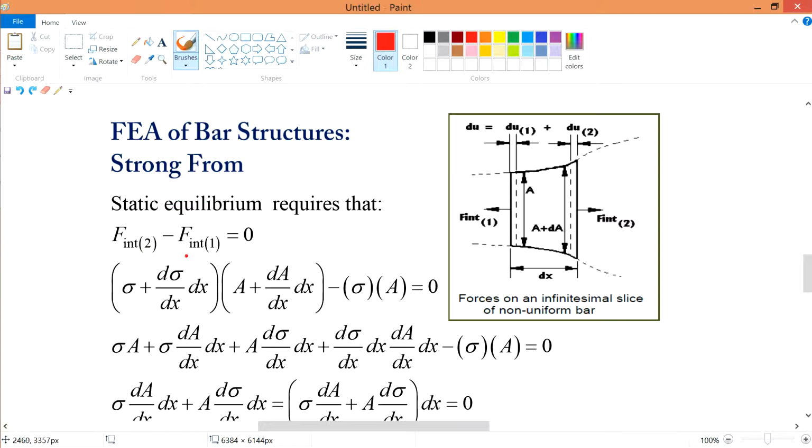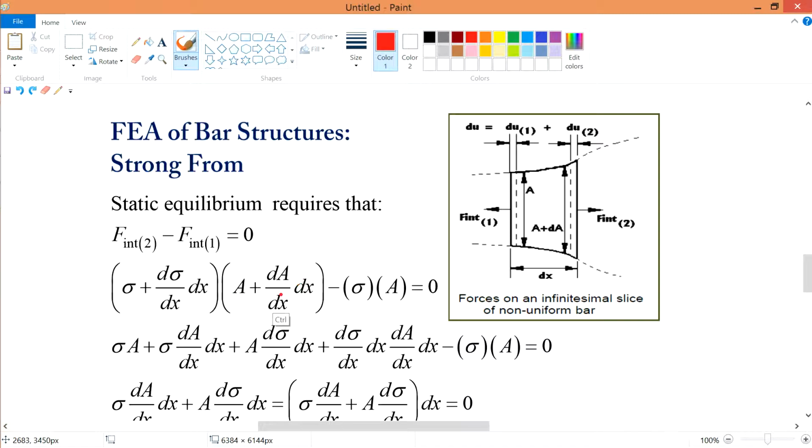Okay, and therefore the stress at F2, multiplied by A, because we know that F is equal to stress times A, correct? So the stress plus a small change of the stress multiplied by dx times dx. Alright, I think this is pretty familiar to you.